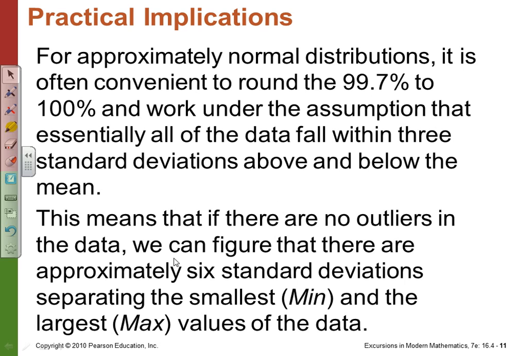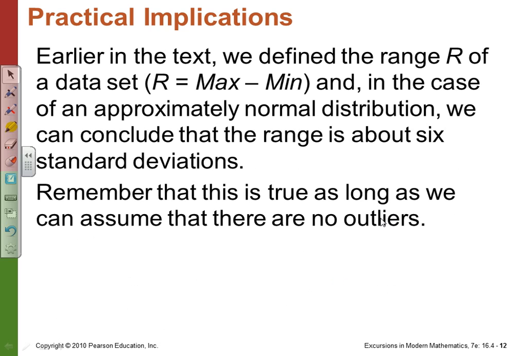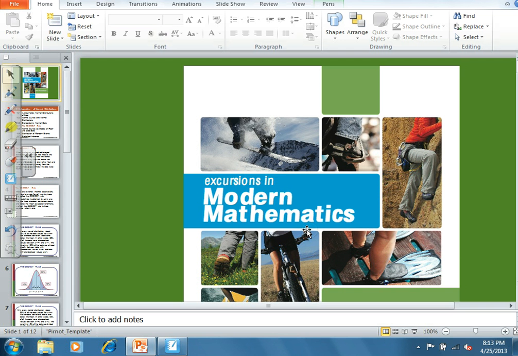There shouldn't be any outliers at all within 6 standard deviations. So our range is the max to the min. That 6 standard deviations should have everybody, with no outliers. Oh, we're done already? Wow.